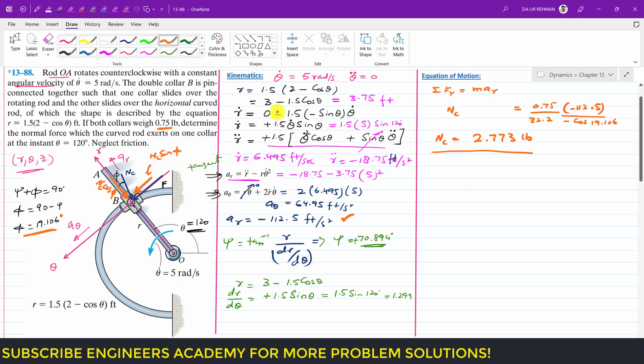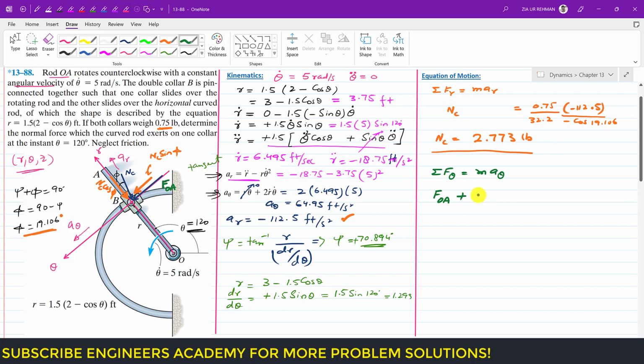And similarly we can find the force that this OA arm applies on this collar. If we apply the summation of forces along the theta direction, this will be equal to m a_theta. As we can see, in the positive theta direction we have this F force, or let me write that this is the F_OA force. So I can write this is F_OA plus that sine component of NC.